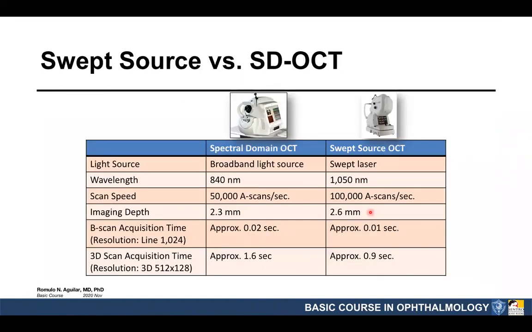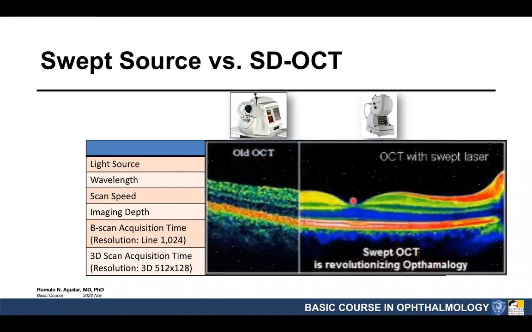Spectral domain versus swept source. From the broadband light source, you have a swept laser, longer wavelength, and you will see the scan speed is doubled. 50,000 here, 100,000 for swept source, and that's why you have better resolution again for your swept source OCT. And that would explain the difference in the quality of the pictures.